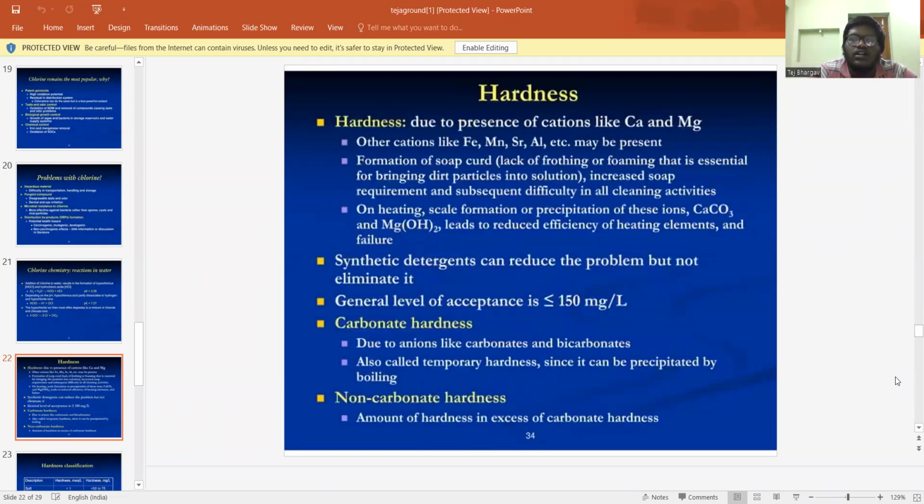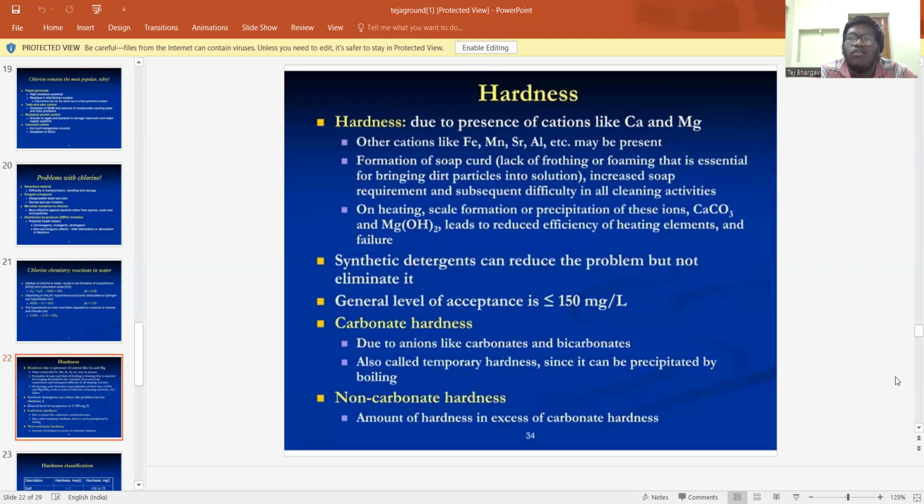Next, hardness. Hardness is due to the presence of cations like Ca and Mg. Other cations like Fe, Mn, Sr, Al, etc. may be present. It forms soap curd, with a lack of frothing, which is essential for bringing dirt particles into solution. This increases soap requirements and makes all cleaning activities difficult.